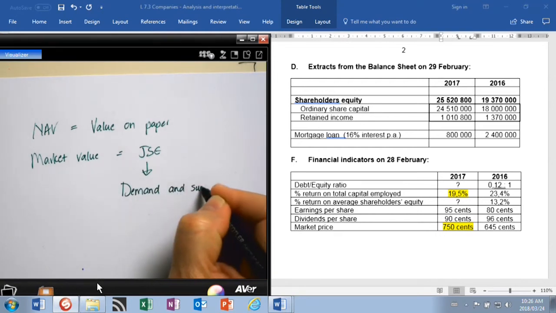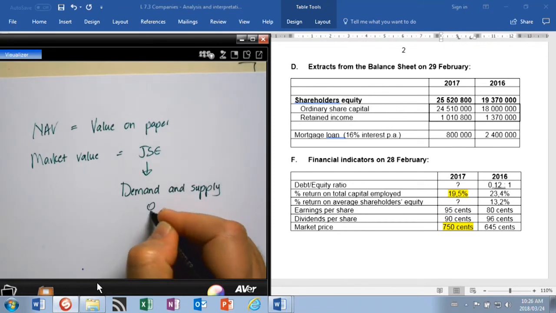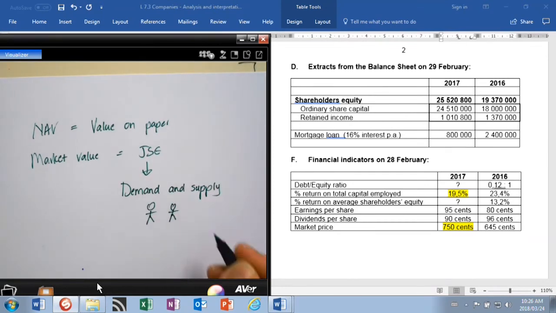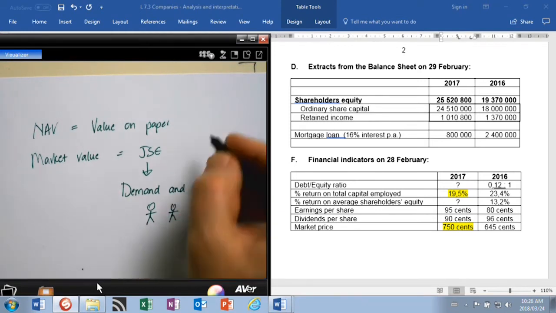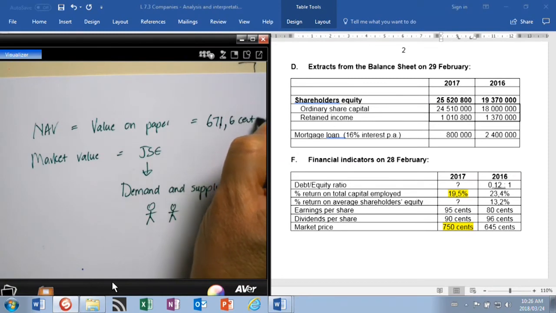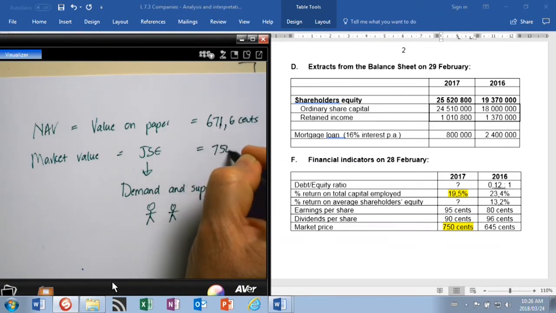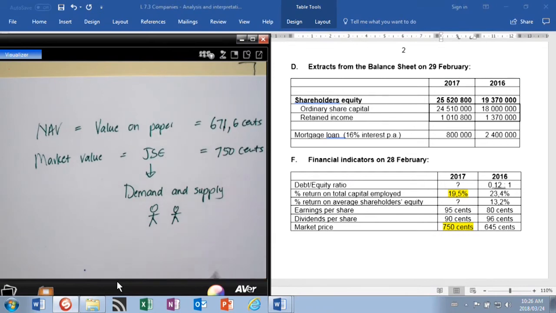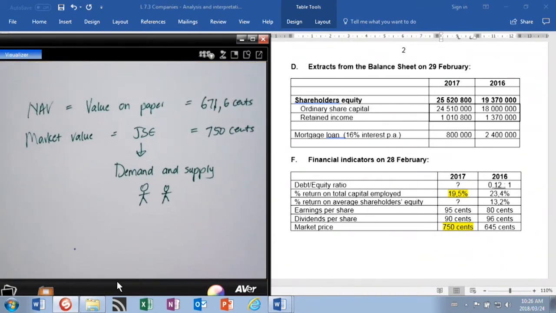So people outside that want to buy our shares, if there's a big demand, the price will go up. Okay, so the 750 cents there, we've got 671.6 cents, and we've got 750 there. So at the moment, can you see that the market value is more than the net asset value? So it means that our company is very popular at the moment.